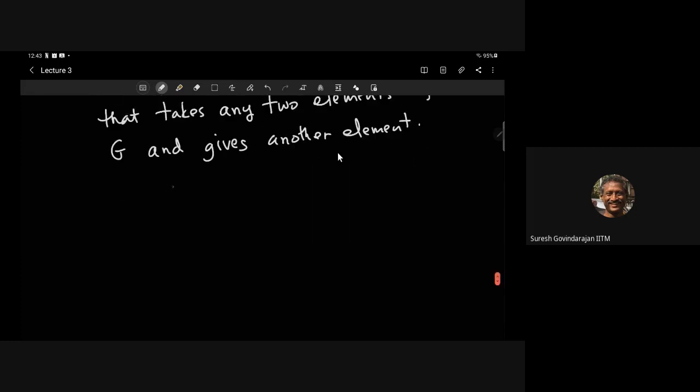So suppose G1 and G2 are elements of G. Then this dot means you compose them, and that gives you another element of G. Okay.